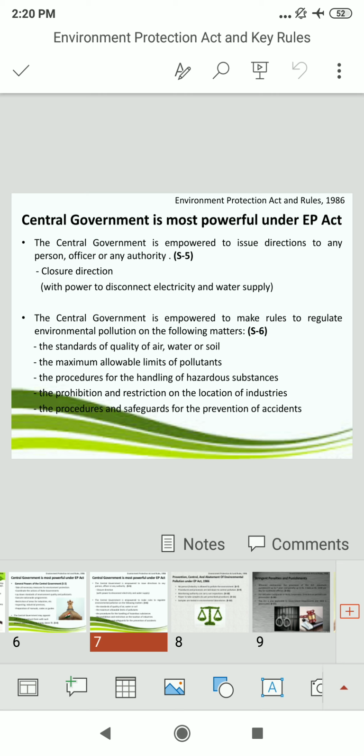म्हणजे सेंट्रल गव्हर्नमेंटनी एक ऑथॉरिटी तयार केलेली आहे त्याच्या अंडरमध्ये कशासाठी, the standards of quality of air, water or soil, the maximum allowable limits of pollutants, the procedure for the handling of hazardous substances, and the prohibition and restriction on the location of industries, and the procedure and safeguards for the prevention of accidents.